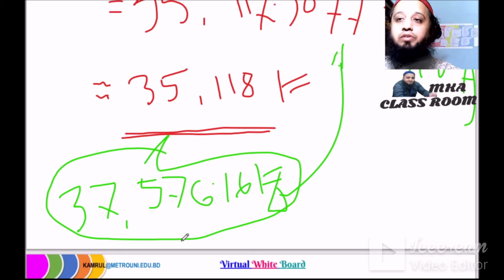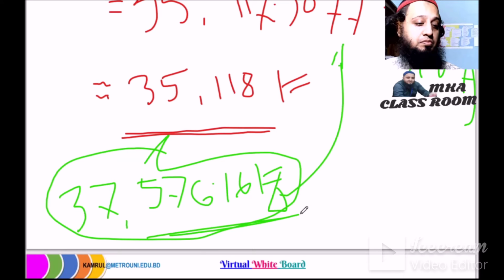So, this is the solution of the present value of annuity and annuity due, and we have also discussed the future value of ordinary annuity and annuity due.